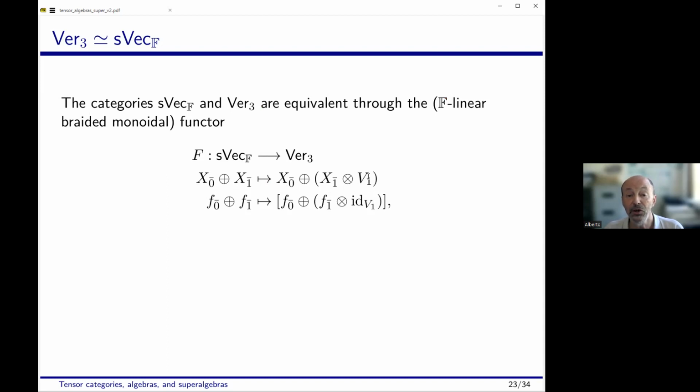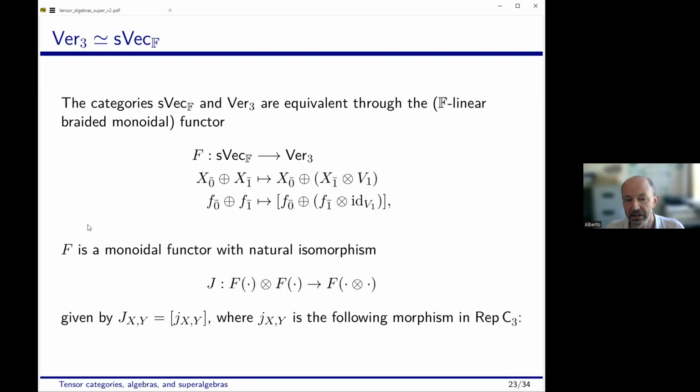And now the action of C3 is given trivially on the even part, and the action is just the action of V1 on the odd part. So this is an object in the category of representations of C3, where the action of C3 is just in V1. And for morphisms, things go in the most natural way.